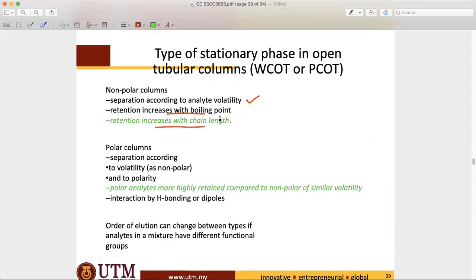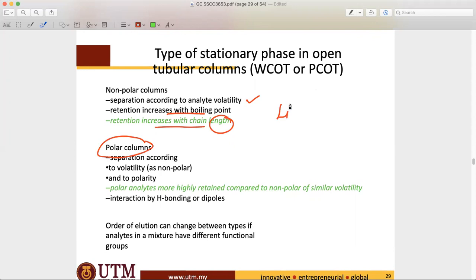So the length of the column also plays a role. For polar columns, separation is according to volatility for non-polar analytes and according to polarity for polar analytes. Polar analytes are more highly retained compared to non-polar ones of the same volatility because you are using a polar column.